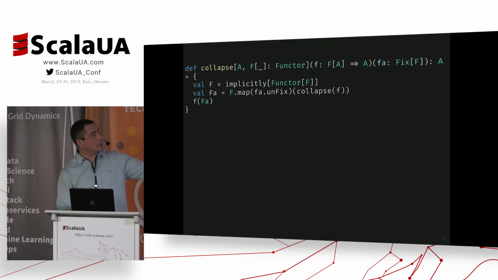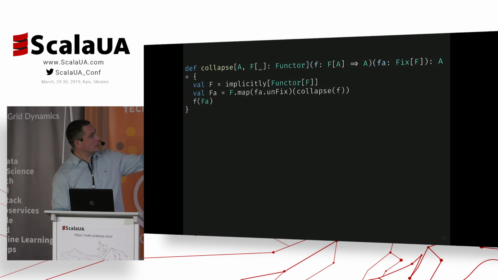We just need the function which goes in the opposite direction, from F of A to A, and an input of Fix of A. We are getting the functor from the outside, summoning the functor, and then we apply it to the value of the fix, unfix, and apply the collapse function recursively, and return the result.